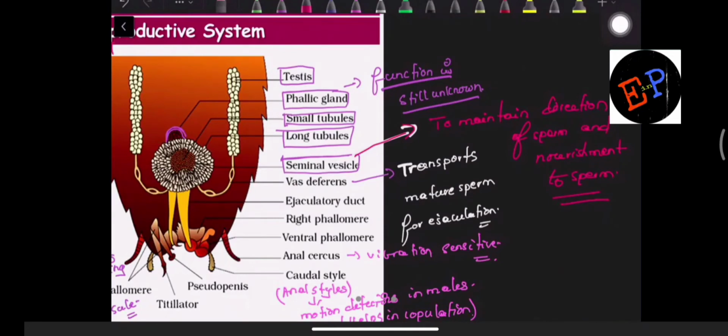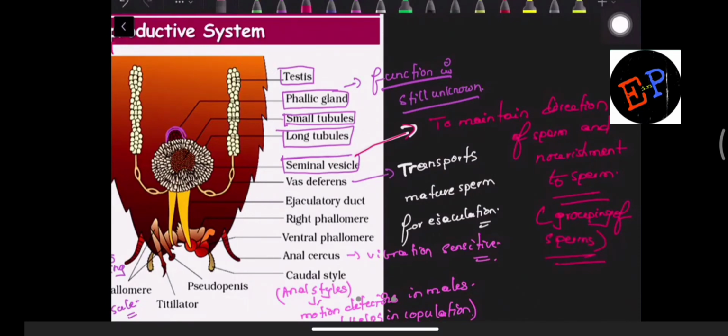Are you able to understand? So in the case of cockroach, sperms are combined into some groups. This grouping is also done in the case of seminal vesicles. So one more function is grouping of sperms.